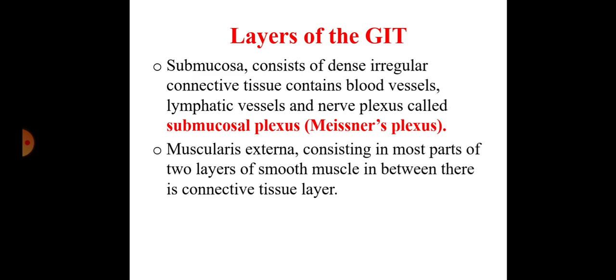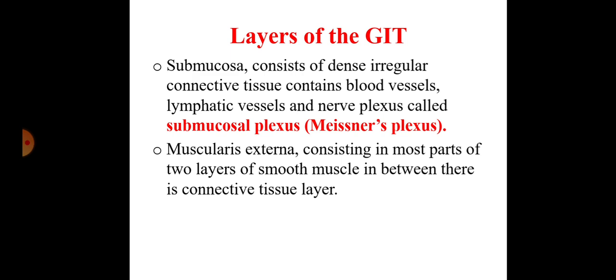Deep to the submucosa, there is the muscularis layer. This muscularis layer, in most parts of the gastrointestinal tract, consists of two layers.